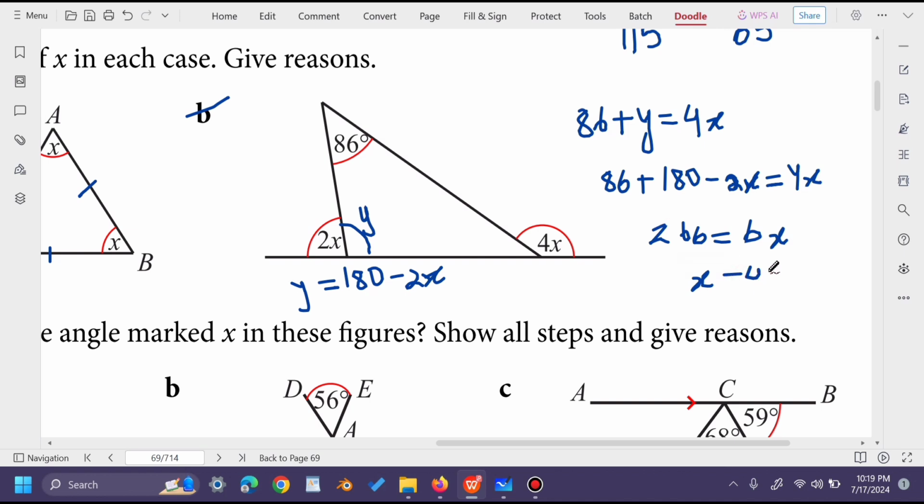So our answer is going to be 44.3. This is the value of x.